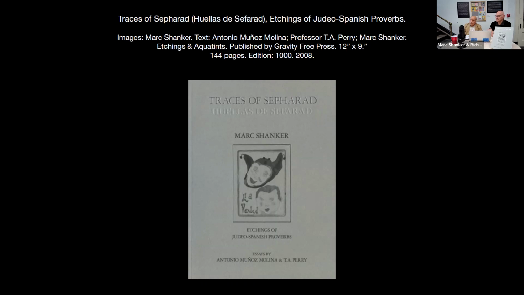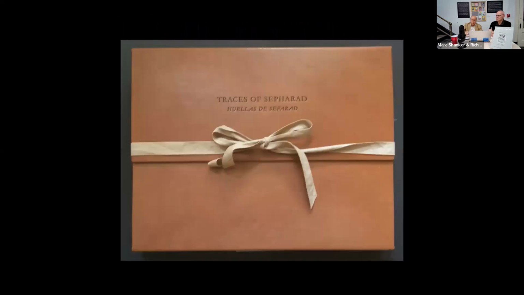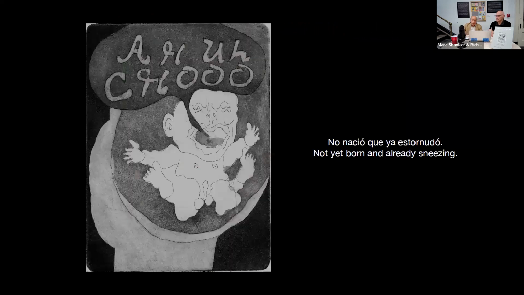When I started this book, I didn't really know what an etching was. But over the 3.5 years, I developed some skills. The problem here was I had text, but I didn't have images.